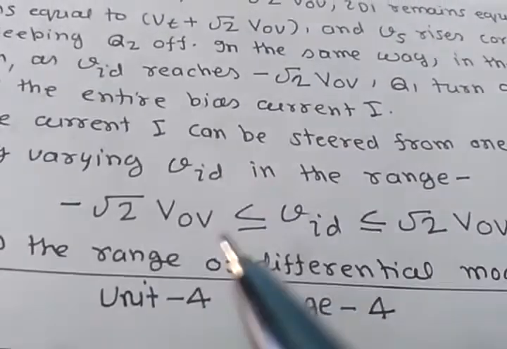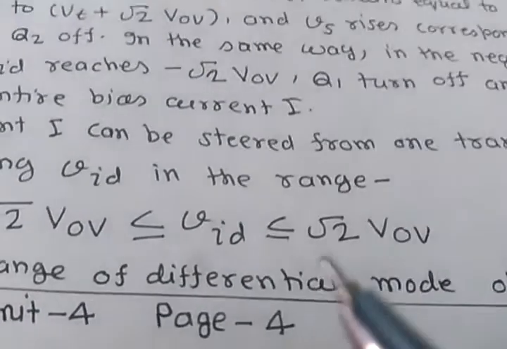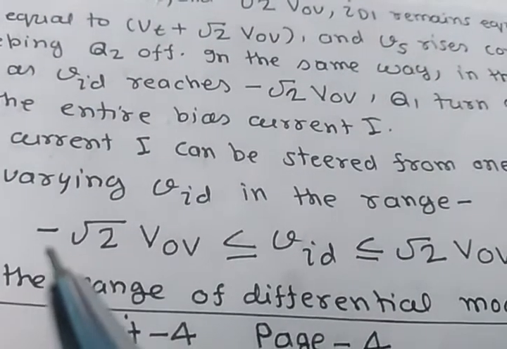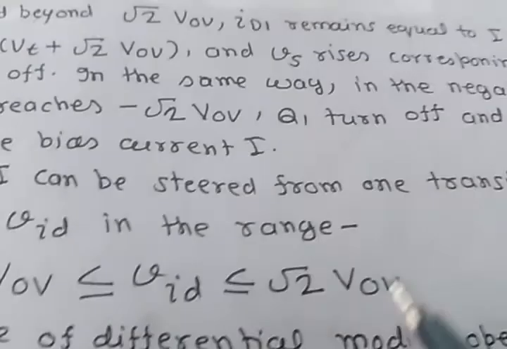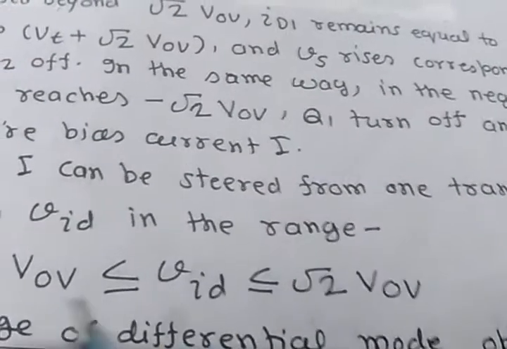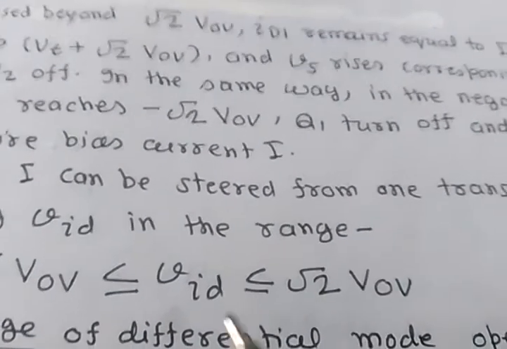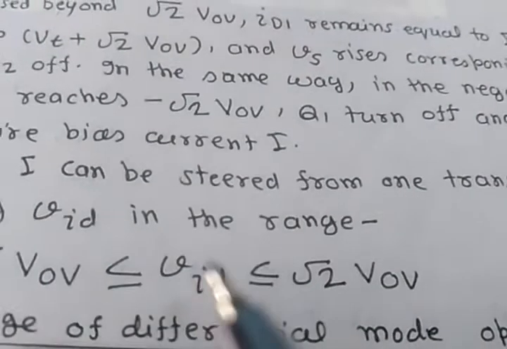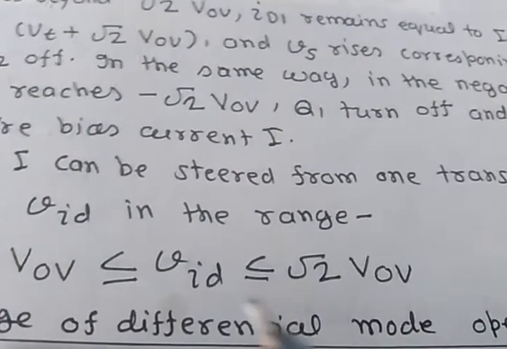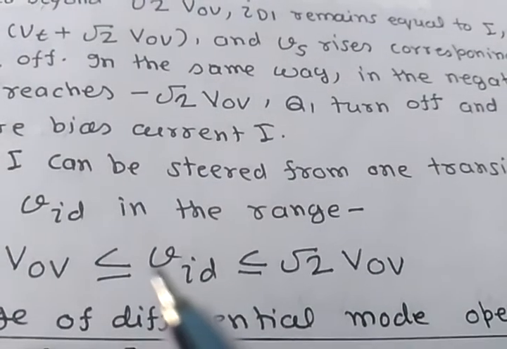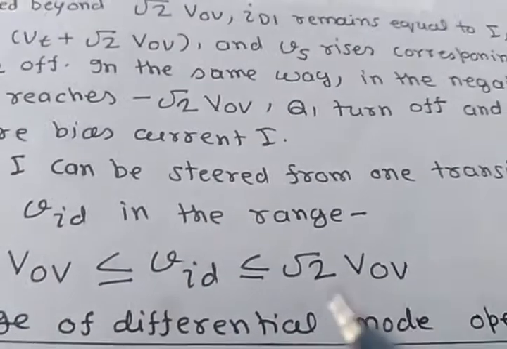It means the range of differential input voltage is given by minus root 2 VOV to plus root 2 VOV. Within this range, the bias current will be divided between transistor Q1 and transistor Q2, meaning the current conduction will take place through both the transistors.